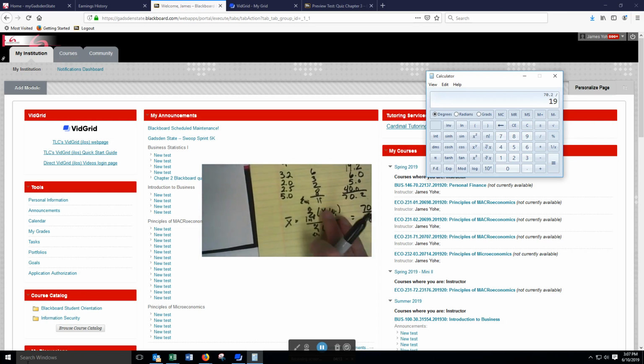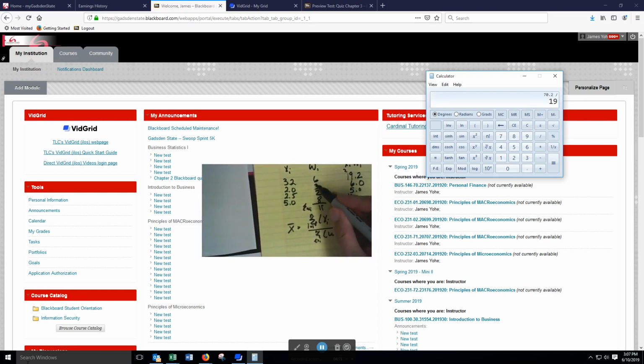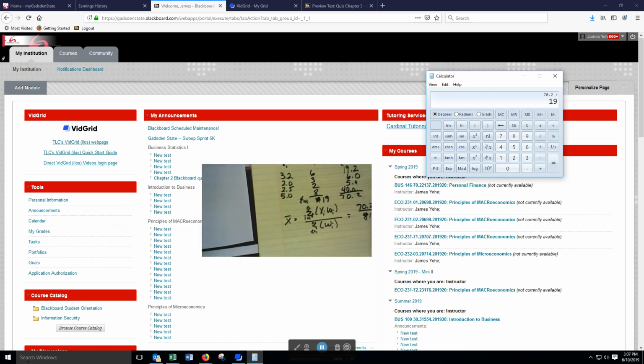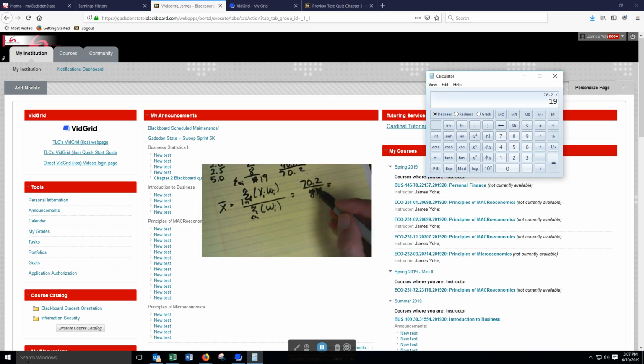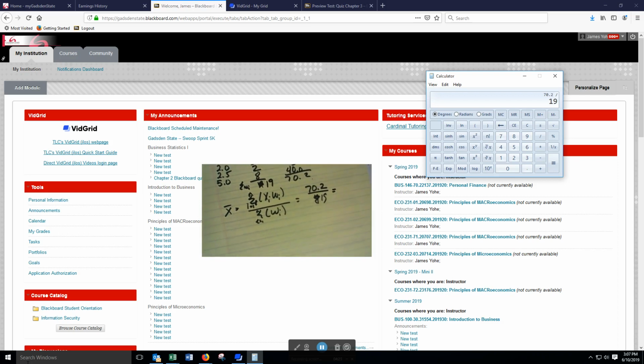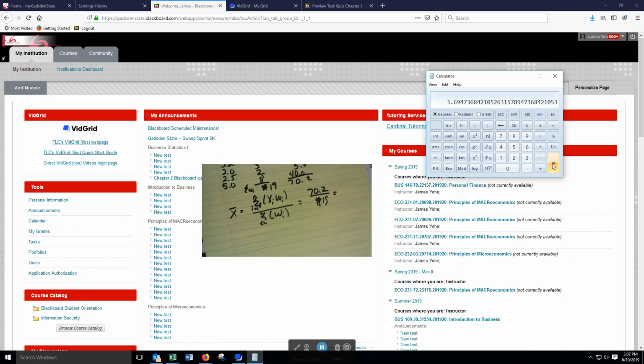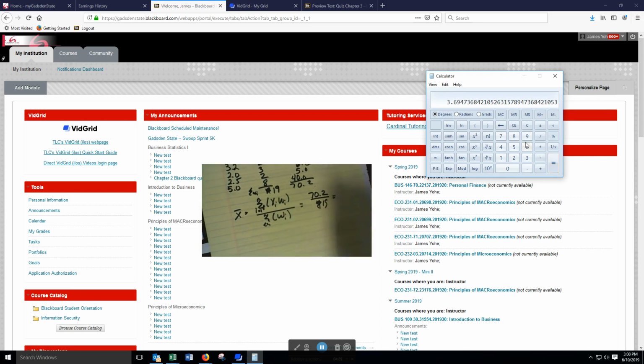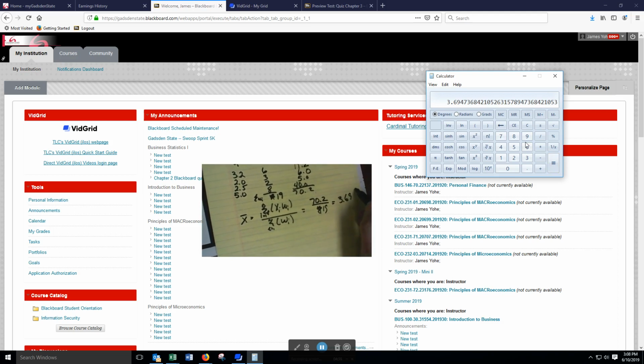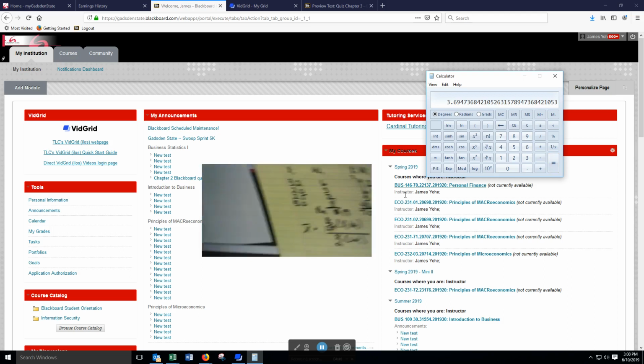I had to sum the weights, and that is 19. Make that clear. 19. So we get 70.2 divided by 19, and that comes out to be 3.69. And there is my weighted mean.